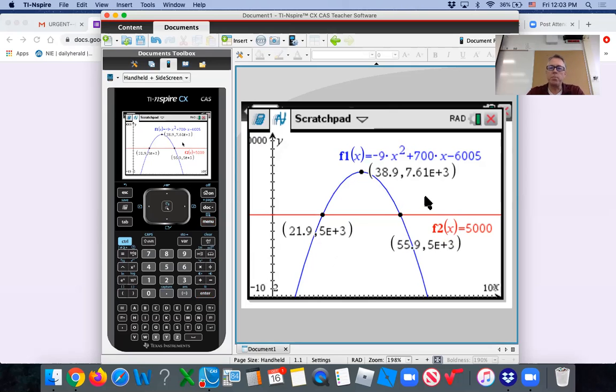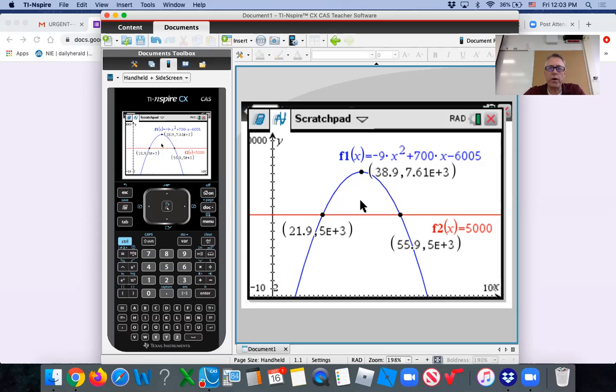Well, what those numbers mean, remember 5e to the third means 5 with 3 zeros, or $5,000. I need to produce 22 widgets to make $5,000. Or if I produced 56 widgets, I would also make $5,000. Okay. And to make the most money, to make $7,610, I'd have to produce 39 widgets.